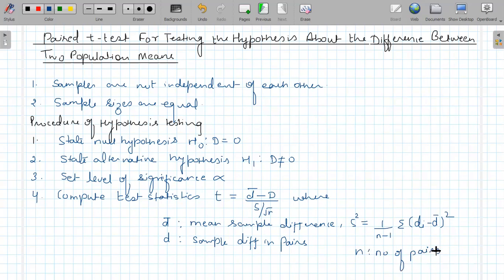Okay. And how will you calculate D bar? D bar is the average of the differences, and you have to apply the same formula of average here, 1/n summation di, i varies from 1 to n.